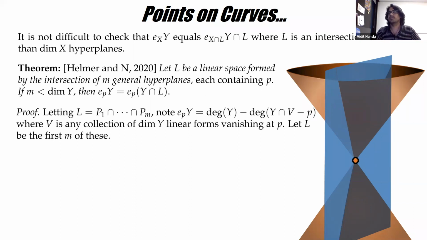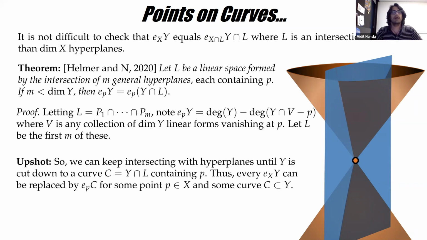It just follows from that degree-based formula where P is a single point. The upshot is that any of these EXYs can be replaced by EPC, where P is a point and C is a one-dimensional variety. You do not need an arbitrarily high codimension to do this.